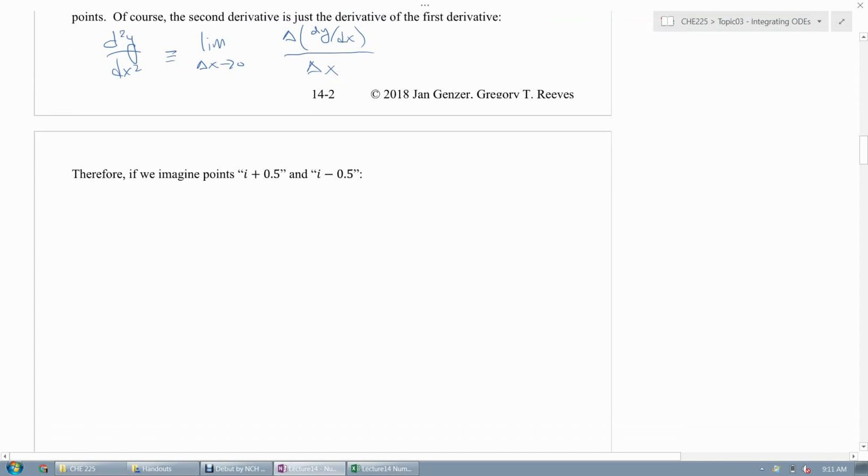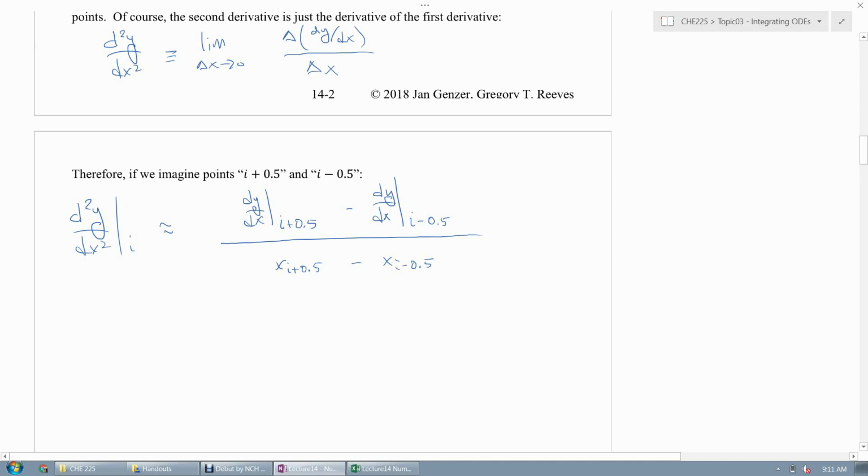But if we imagine that we have those points, then we can say d squared y dx squared evaluated at I is approximately equal to our first derivative, dy dx, evaluated at I plus a half, minus our first derivative, dy dx, evaluated at I minus a half, all divided by xi plus a half minus xi minus a half.